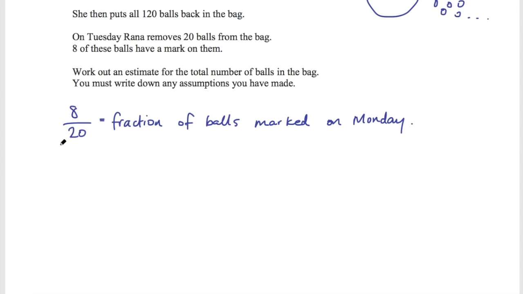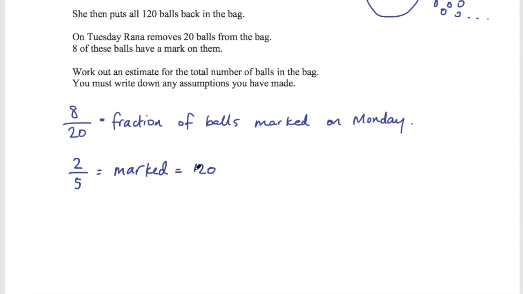So this fraction, 8 out of 20, if we divide that by 2, we get 4 over 10. Divide by 2 again, we get 2 over 5. So 2 out of 5 of the balls were marked. So that equals 120.